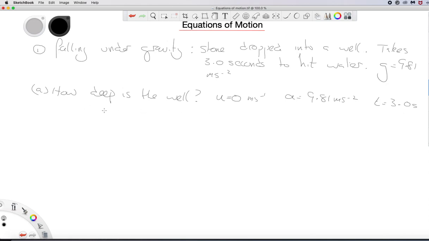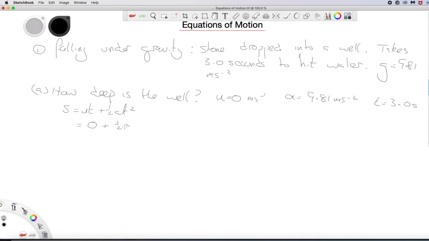Well, we want an equation of motion which connects the displacement with the initial velocity, the acceleration, and the time. So, I would say s equals ut plus a half at squared does it for me. I know that u is 0, so that simplifies things nicely.